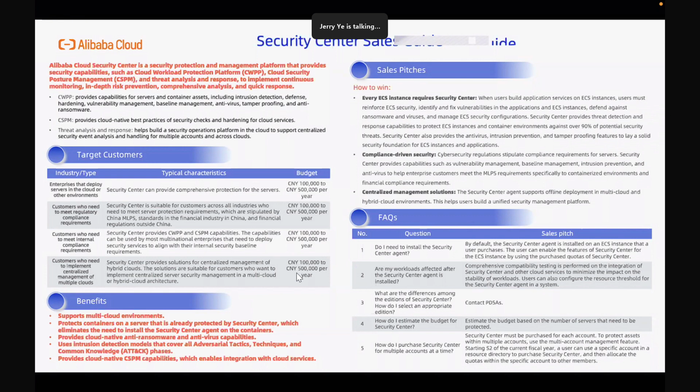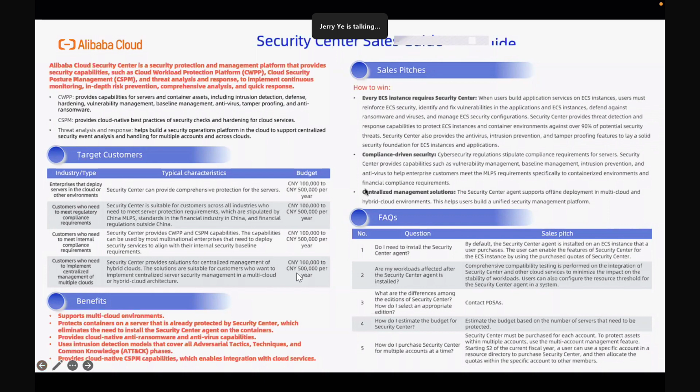So if you select this one, the agent of Security Center will be installed in your ECS automatically, which means that you don't have to spend time installing the agent. As long as you purchase Security Center, it will take effect automatically. You don't have to spend a lot of time doing the configurations.